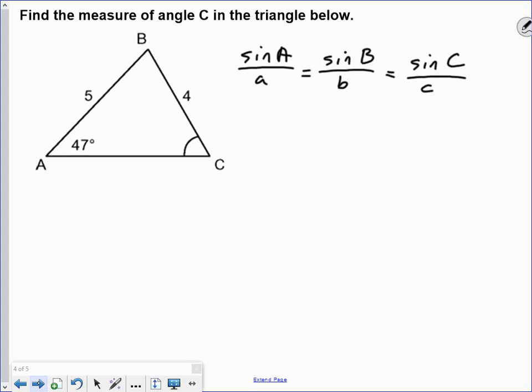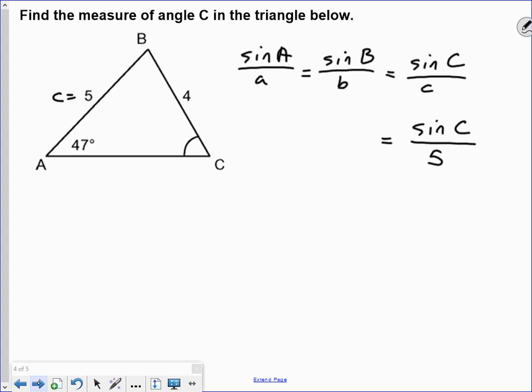And let's fill in our given information here. C is the thing that we are trying to solve for, so it's going to be blank. The side across from it, this is going to be side C, so that is going to be of a length of 5.